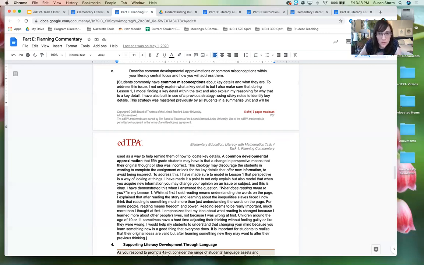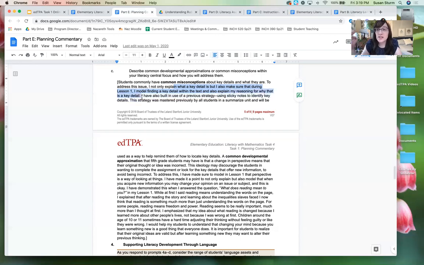So this person already alluded to this a little bit, but a common misconception that they might not be able to do is, what is a key detail? We saw this in that prior knowledge section, what they're still learning to do. This is a great way to connect back to that. And then I'm going to make sure that I model finding a key detail and also explain my reasoning why it's a key detail.